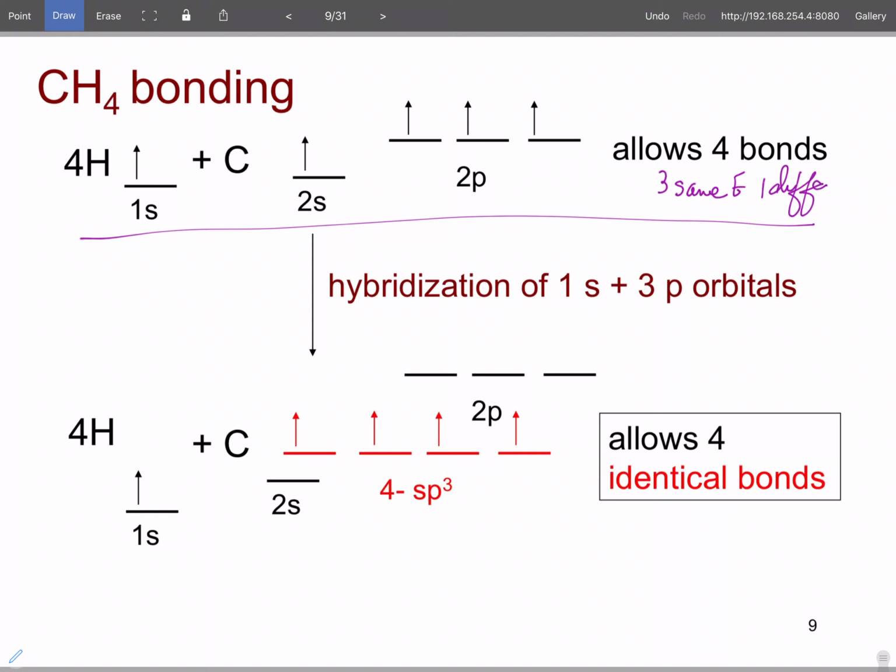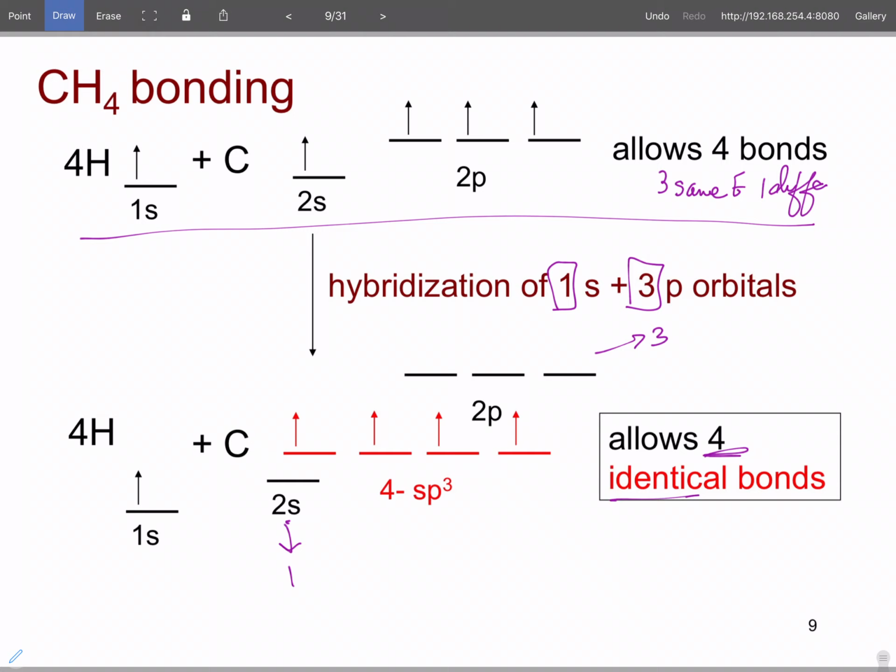So if we hybridize, that means we take our 2s and combine it with the 2p's. So we've combined 1 of these and 3 of these. So 1 plus 3 is 4. Then we'll end up with 4 bonds that are identical.